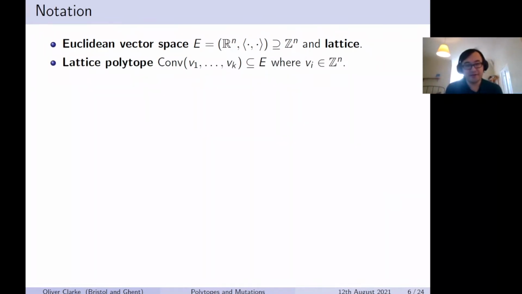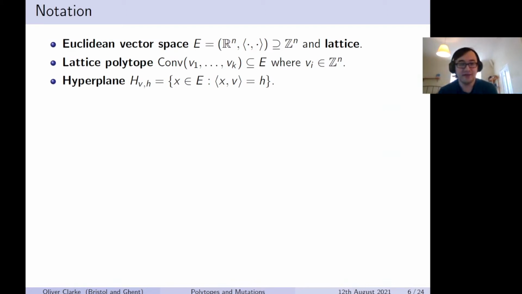For me, lattice polytopes are going to be convex hulls of lattice points. For hyperplanes, I'll denote them H_{v,h}. So v is the normal vector and little h is the height of this hyperplane.